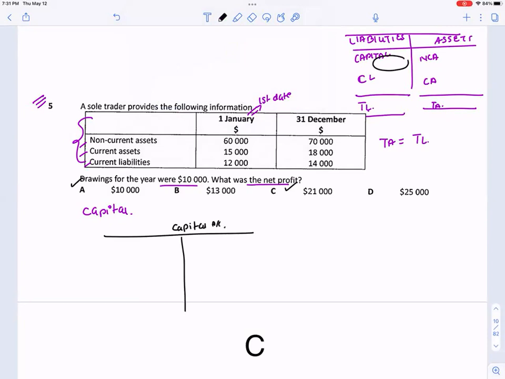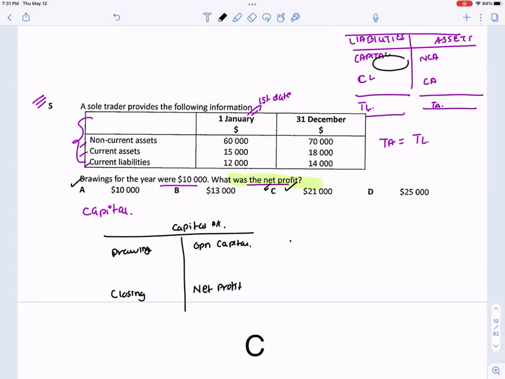Opening capital will come on the credit side, and closing capital comes on the debit side, and even drawings will come on the debit side. The net profit comes on the credit side.